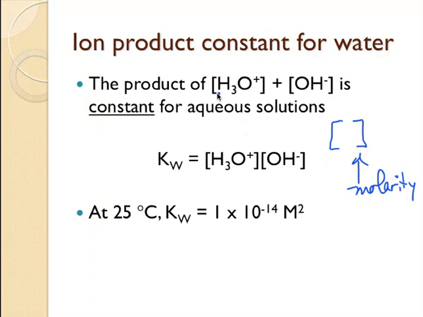So the concentration of the hydronium ion in moles per liter times the concentration of the hydroxide ion in moles per liter is constant for aqueous solutions. It is called Kw, and it is equal to the hydronium molarity times the hydroxide molarity. That constant is 1 times 10 to the negative 14th molarity squared.